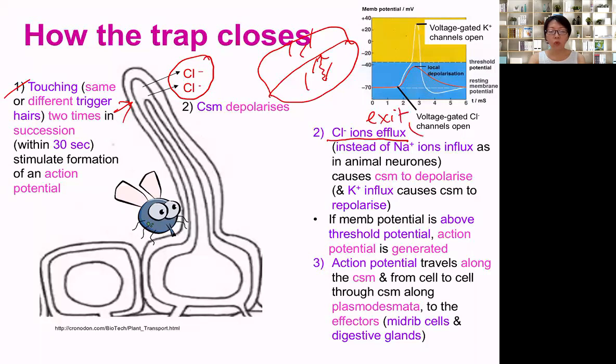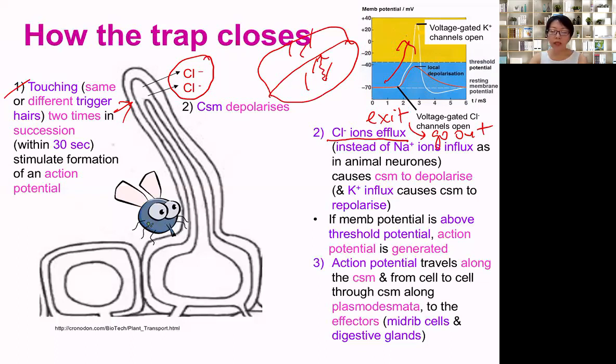Exit means to go out of the cell. So as the negative charge goes out of the cell, inside the cell become more and more positive. So the membrane potential will increase. Okay, same as in our animal neuron, sodium ion comes in, then positive, inside becomes more positive. Chloride goes out, inside also become more positive.